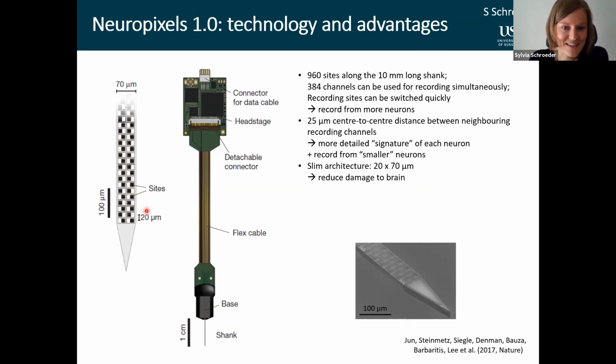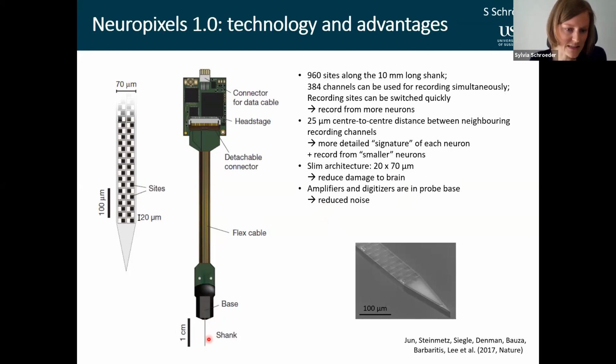As Chris already mentioned, the architecture is very slim. So the width of the probe is 70 microns, its thickness is 20 microns, which reduces damage to the brain. And also Chris mentioned this, so amplifiers and digitizers are very close to the recording site. So it's included in the base, about 1 centimeter away from your probe.